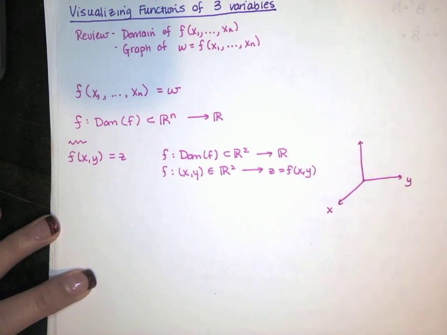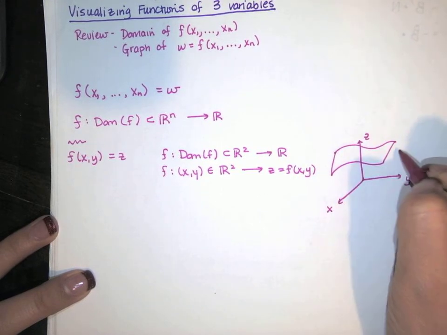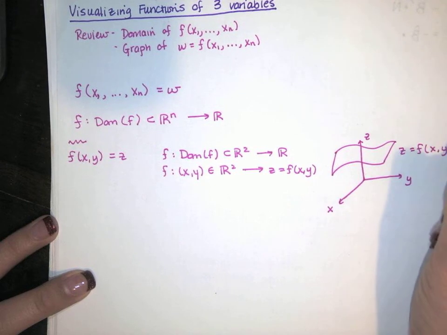So here's my x-axis and there's my y-axis. And here's our z-axis. And that's supposed to be the surface z equals f of x, y.